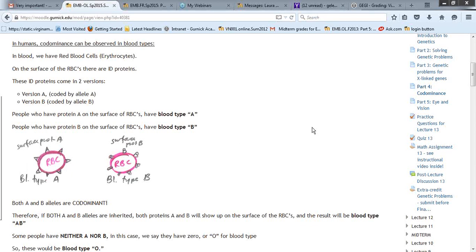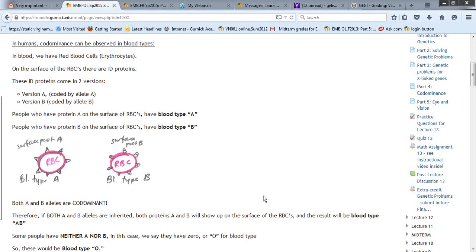If you have a different version of that gene, an alternative version, version B, in your genome, then you will express protein B, and you will have blood type B, because you have B protein on the surface of your red blood cells.